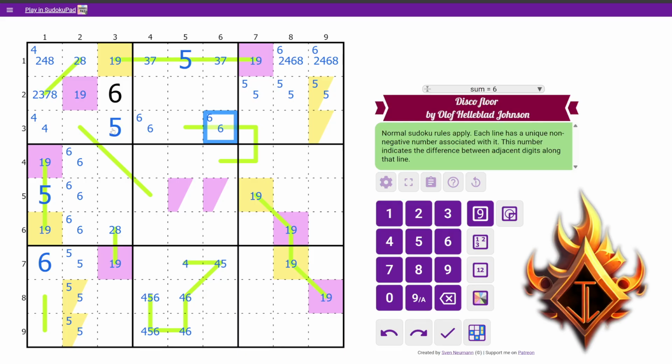Pink does go down here. And if the 6 went here, and pink went on here, pink cannot go here.